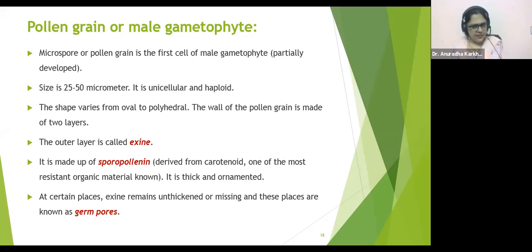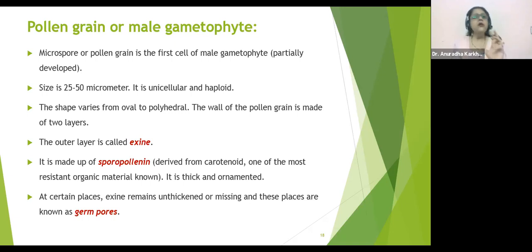Carotenoids are nothing but pigments. What are carotenoids? They are pigments. So sporopollenin is derived from the pigments called carotenoids. And I told you, it's resistant to heat, acids, alkalis, and temperature, low or high. It is not affected by any of the enzymes.